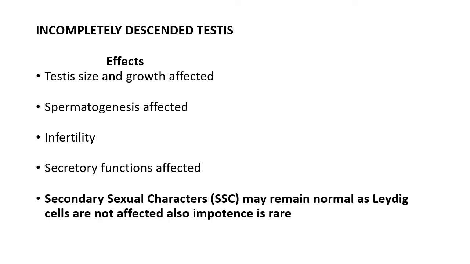The secondary sex character may remain normal because the functioning of the Leydig cell is partially intact even at higher temperature. And one more thing to note is that impotence is very rare. Trauma is common as the normal protective mechanism of the scrotum is not available for the testes.